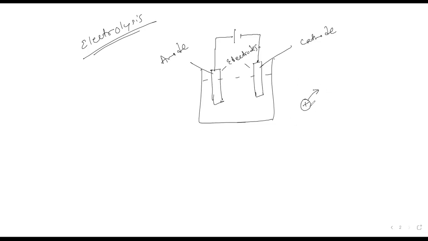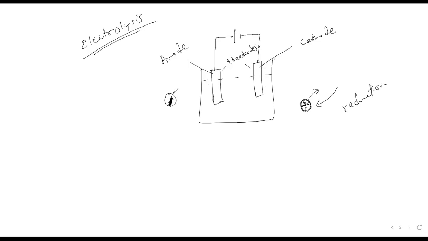So when a positive ion comes in contact with the negative terminal, what happens? A positive ion has a deficiency of electrons, or fewer electrons, so it will try to gain electrons. And gaining of electrons is what? Reduction. Reduction is gaining of electrons. And for the anode, a negative charged particle has a surplus of electrons.